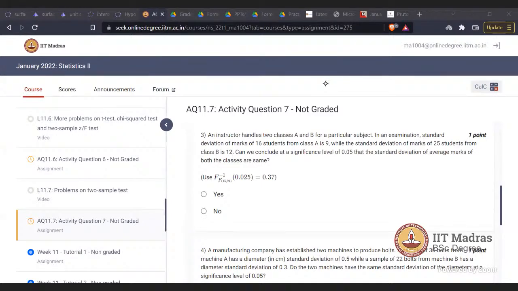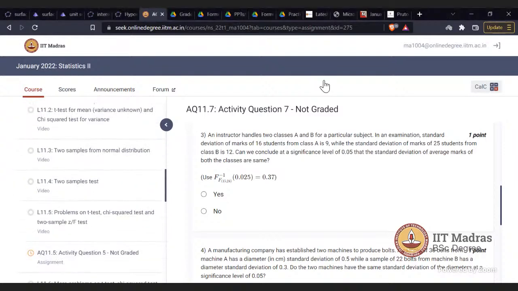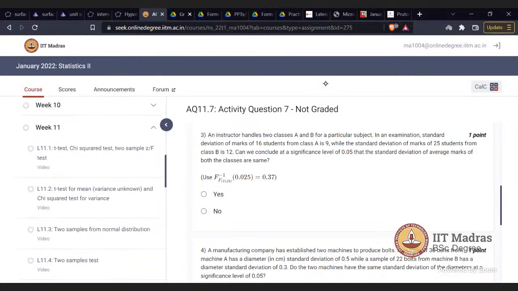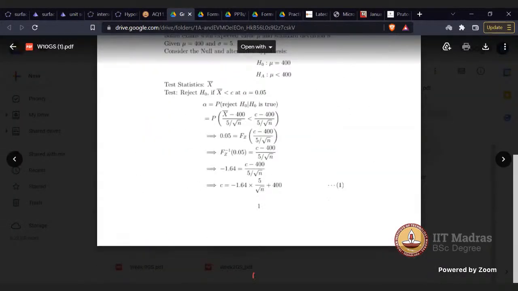What is your doubt? In week 10, graded assignment, question number 8. Can you go through it? Okay, so I've already gone through a lot of problems. It is a conceptual doubt. I know there are solutions to that question, but I will just go to the solution. Tell me which problem.